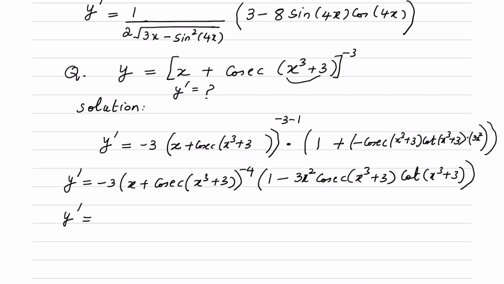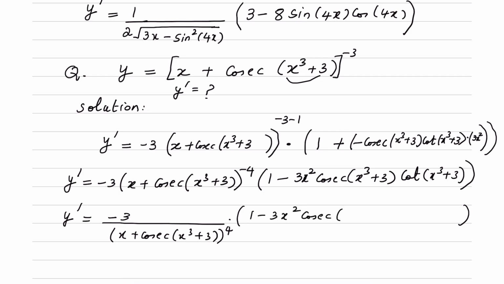You can further simplify this expression by writing it as minus 3 divided by x plus cosecant x cube plus 3 whole power 4, and this expression 1 minus 3x square cosecant x cube plus 3 cot x cube plus 3. So this is how we find the derivative of the given expression y.